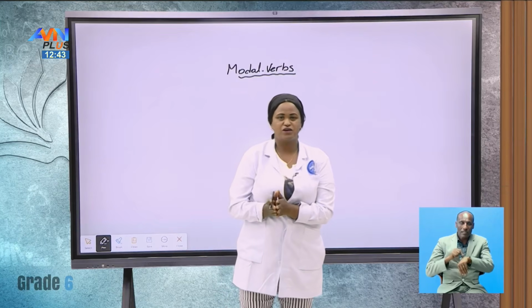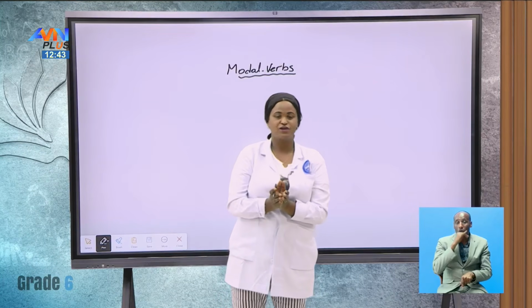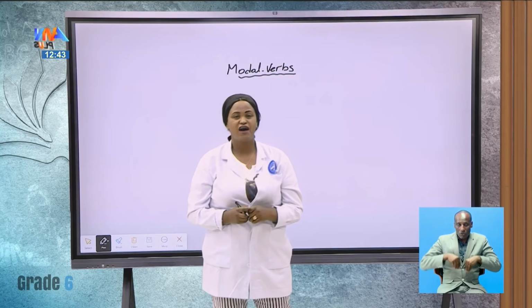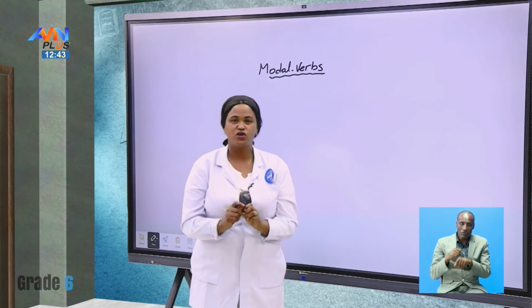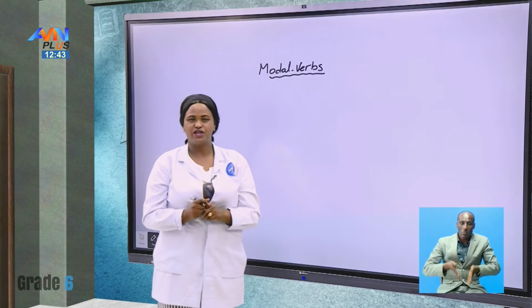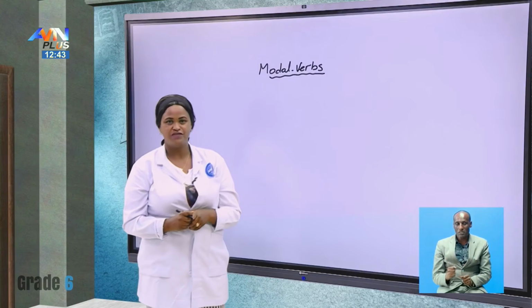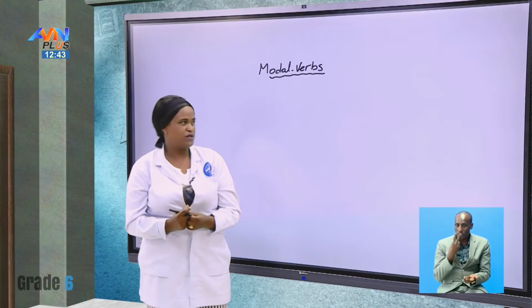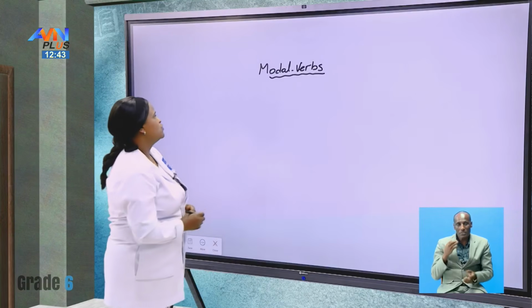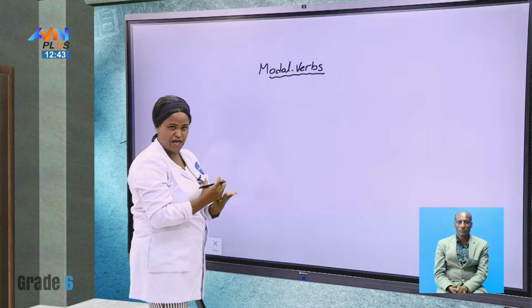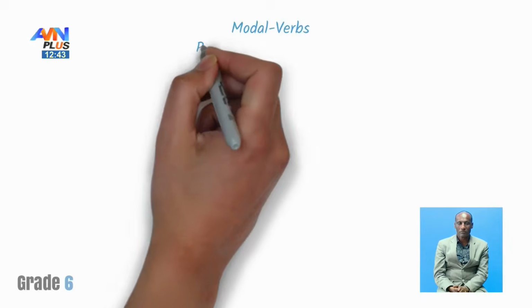Those other auxiliaries are dependent on what? On time, very good. But these modal auxiliaries have a different concern. Their concern is to tell what? Advice, obligation, permission, very good, duty, possibility, right? Very good. Now, for now, we will see those modal verbs that can help you express possibility and probability.